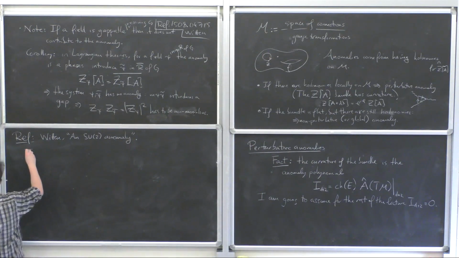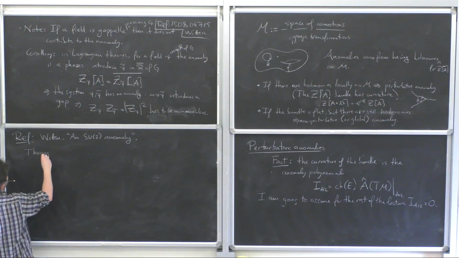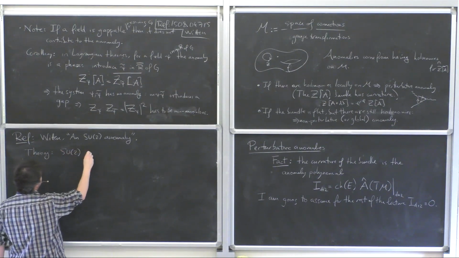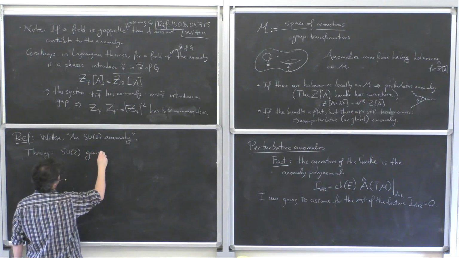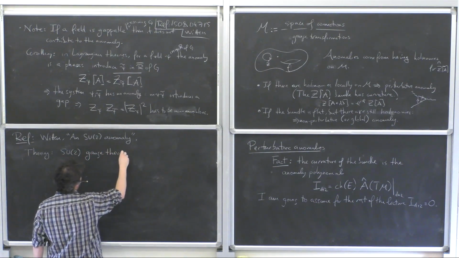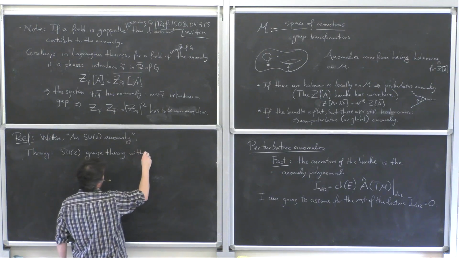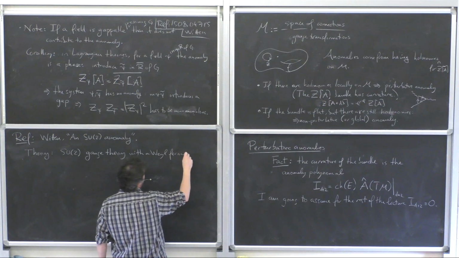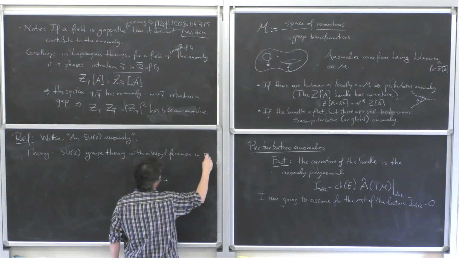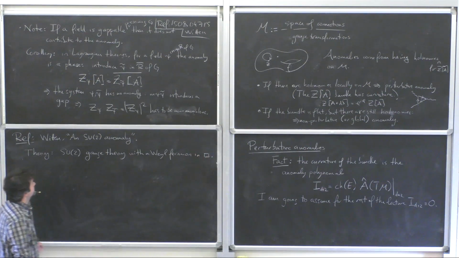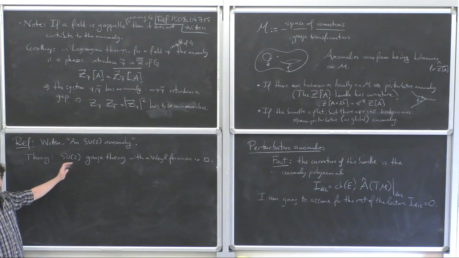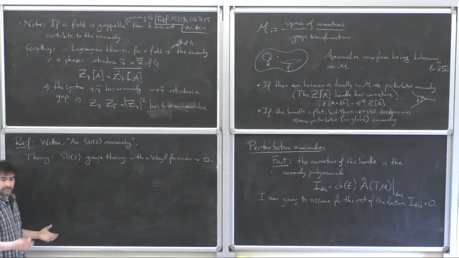So theory: SU(2) gauge theory with a Weyl fermion in the fundamental. What Witten found is that this theory, if I actually gauge the SU(2), is inconsistent. It doesn't make sense.